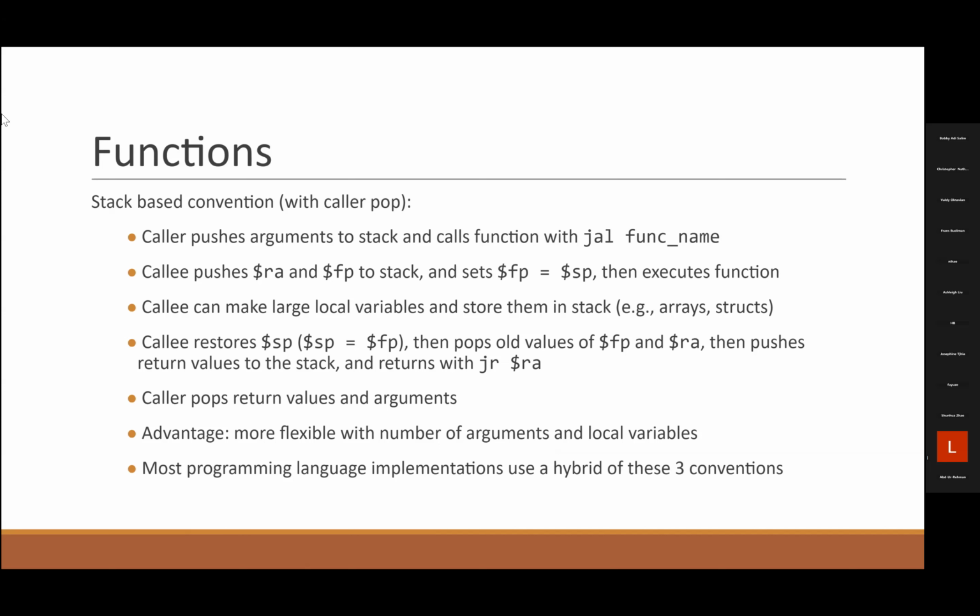The convention is usually for the caller of a function to store anything that it wants to save in the T registers. So caller saves T registers and the callee saves the S registers.